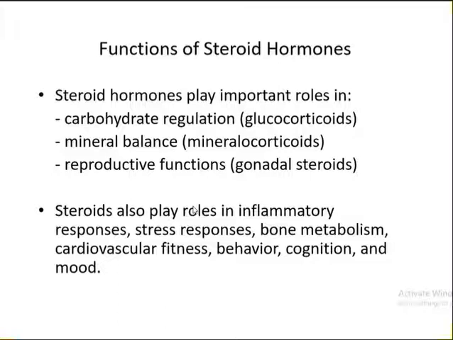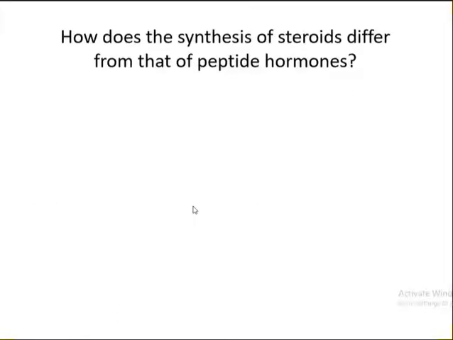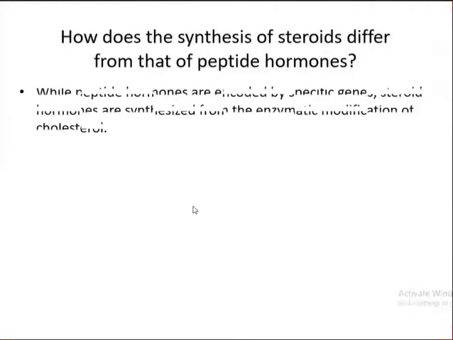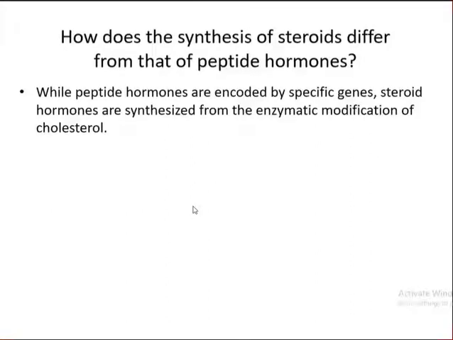How does the synthesis of steroid hormones differ from that of peptide hormones? By this time, all of you must have learned about this. While peptide hormones are encoded by specific genes, steroid hormones are synthesized from the enzymatic modification of cholesterol. This is the difference. Thus, there is no gene which encodes aldosterone, for example.